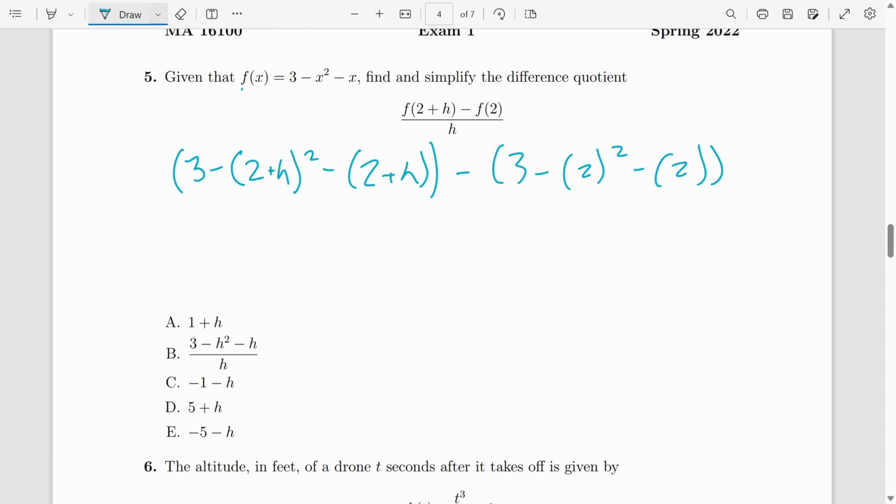So simplifying this now, we can do 3 minus, okay, when we FOIL the (2 plus h) squared out, we get 4 plus, wait, how does this go again? It's 4h, sorry, this is algebra stuff, plus h squared, and then minus 2 minus h.